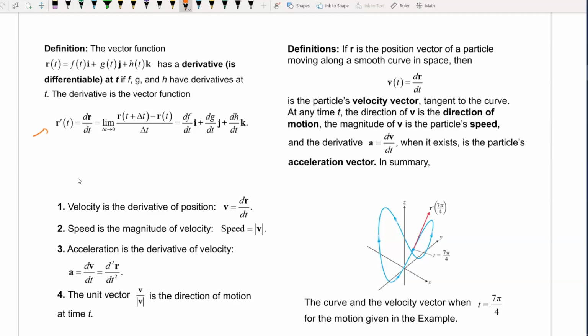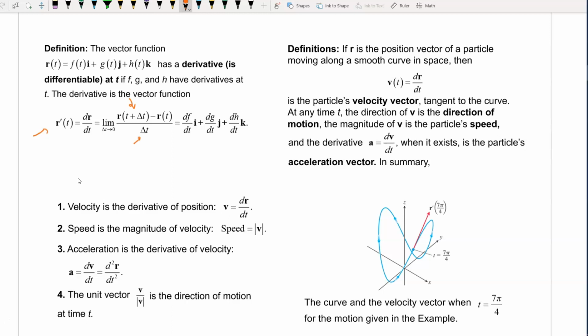It is equal to the limit of r of t plus delta t minus r of t, divided by the change in t, with delta t in the denominator.